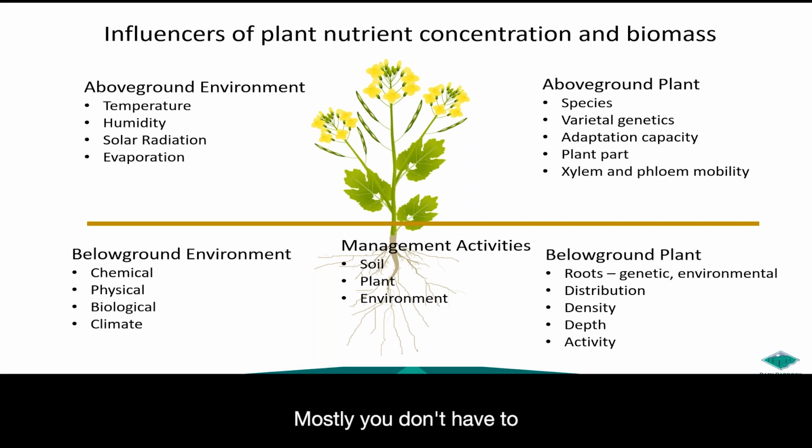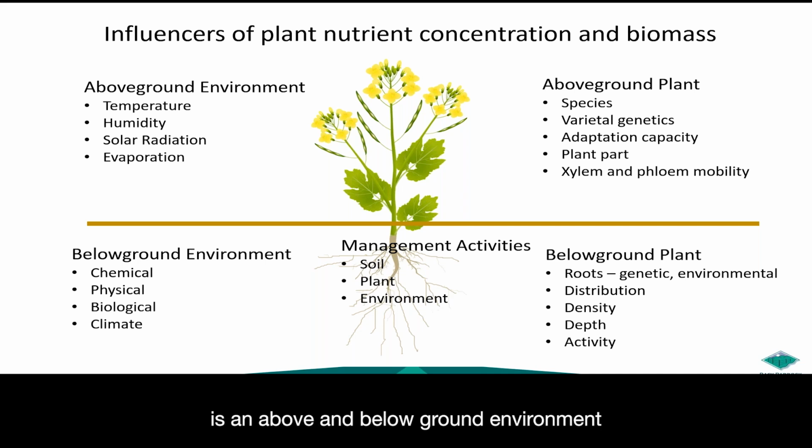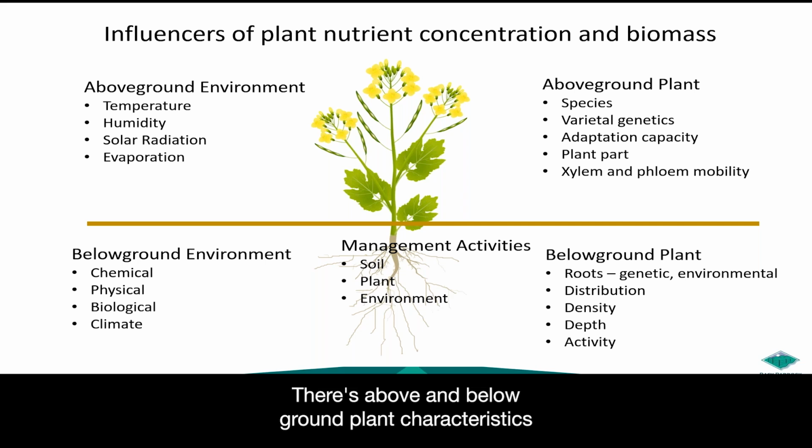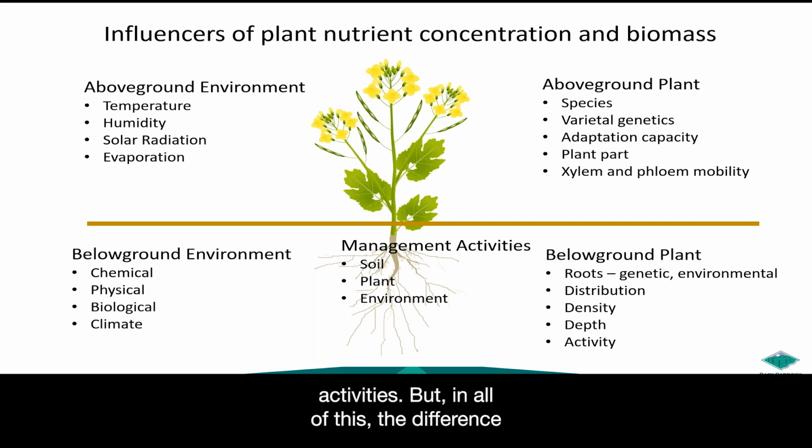Mostly you don't have to, because a lot of those in any particular situation can be ruled out. But that's part of the process of interpreting plant analysis, is taking into account there is an above and below ground environment that's affecting that plant. There are above and below ground plant characteristics and genetics that are affecting that result. And over the top of that, we've overlaid some management activities.